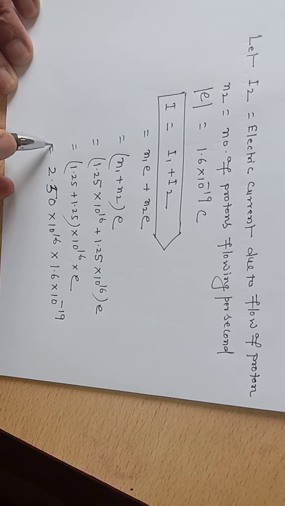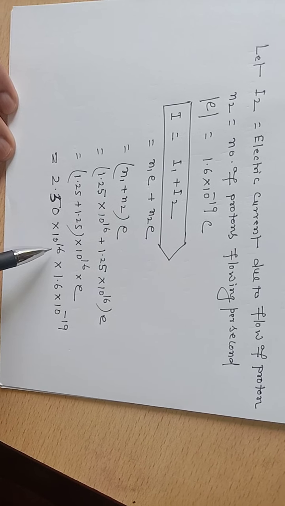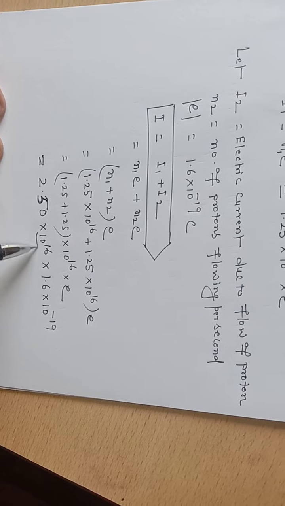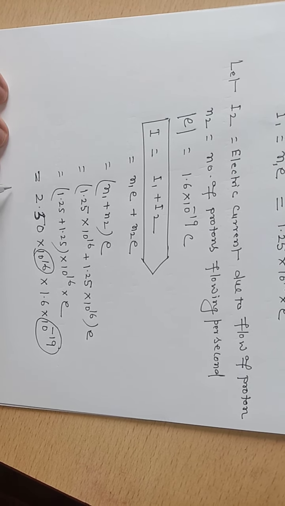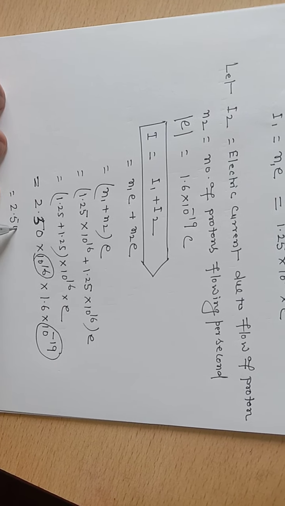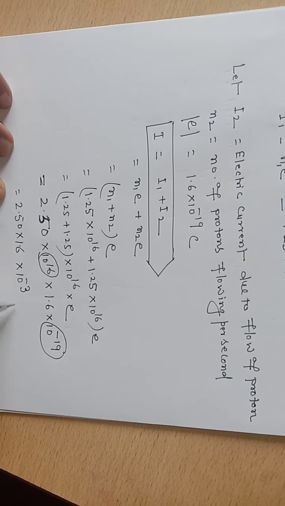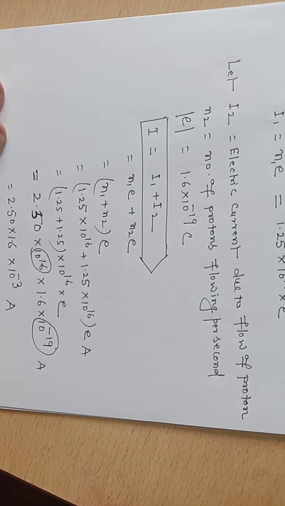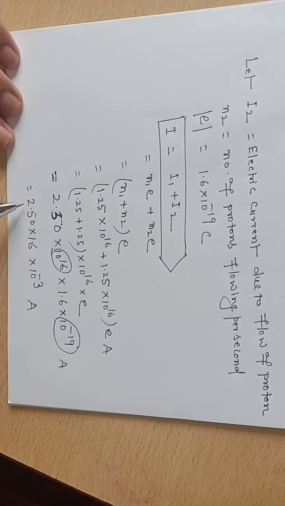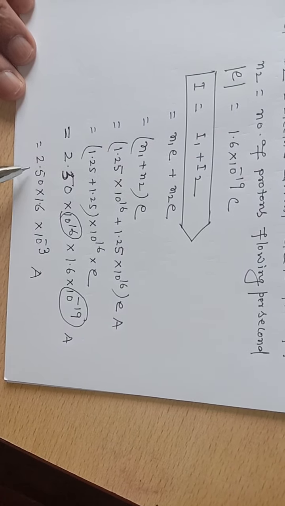This will be the value of your current I. 10 to the power 16 and 10 to the power minus 19 becomes 10 to the power minus 3. So 2.50 into 1.6 into 10 to the power minus 3 ampere. This is ampere. Will be your answer. Multiply 1.25, 1.6 and 2.5.